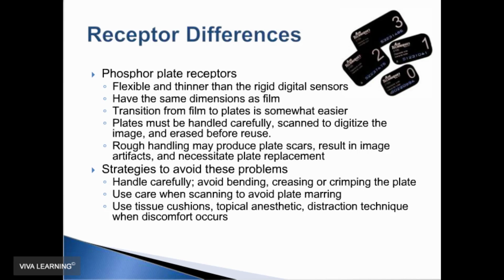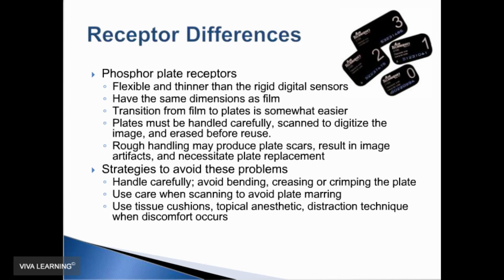If the plate is bent, creased, or crimped, it will produce a permanent scar on the plate, and that scar or crimp or bend will appear on the scanned image.